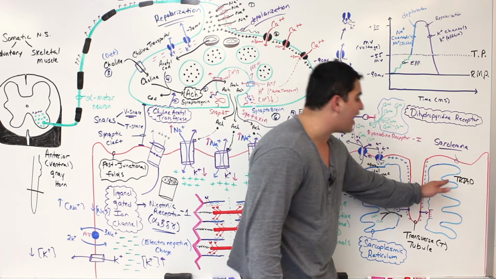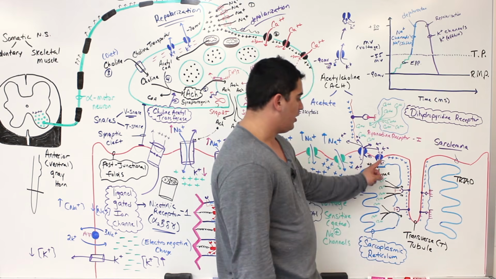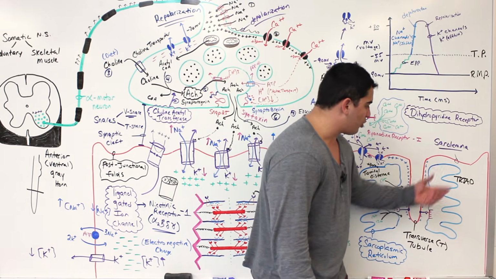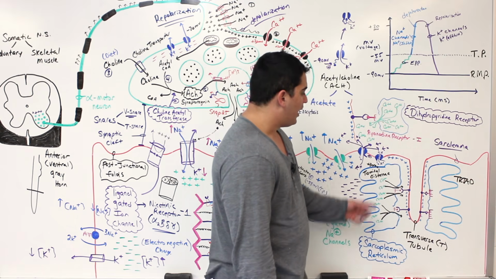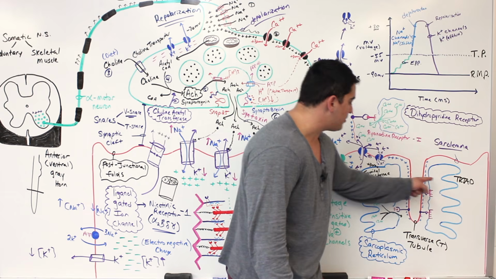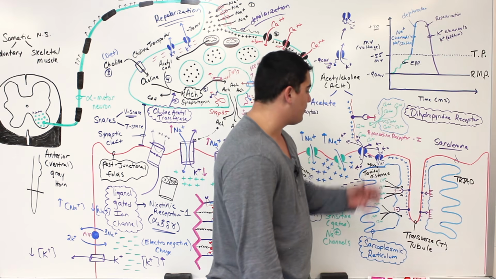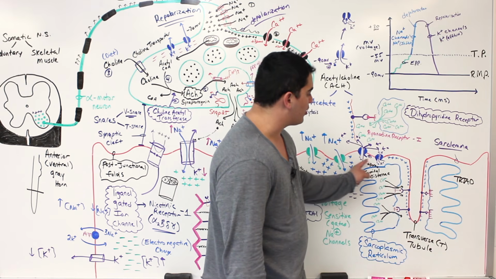Adjacent to it, or to the sides of it, are usually two sarcoplasmic reticulums. These are basically derivatives of the endoplasmic reticulum, and they're nice calcium storage factories. This sarcoplasmic reticulum and this T-tubule together make up the triad. These enlarged sacs are called the terminal cisterna.